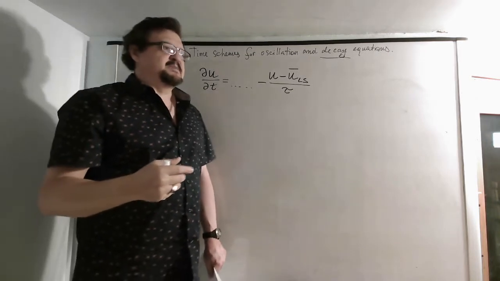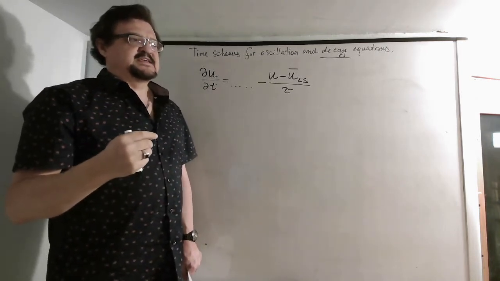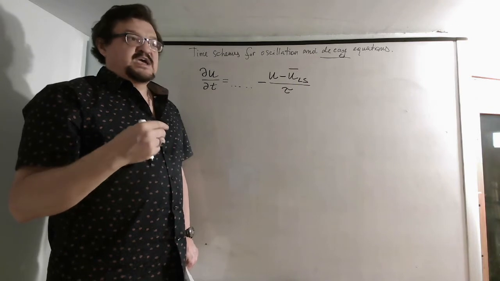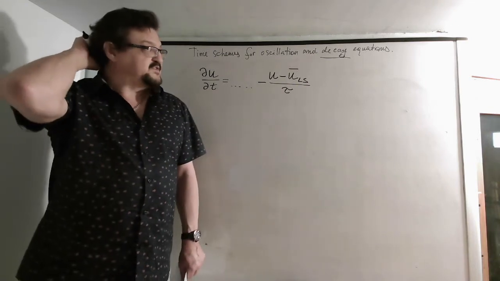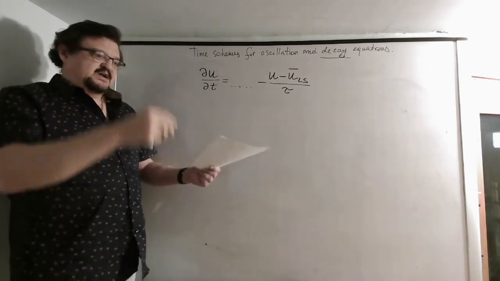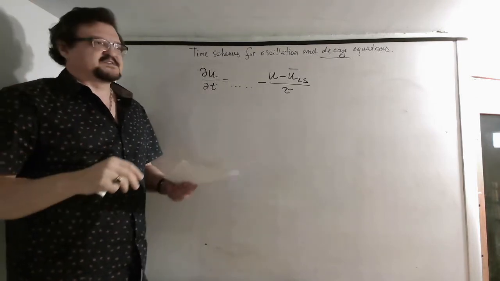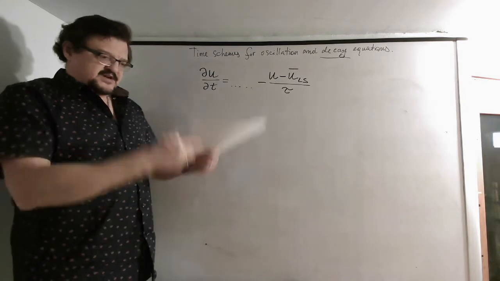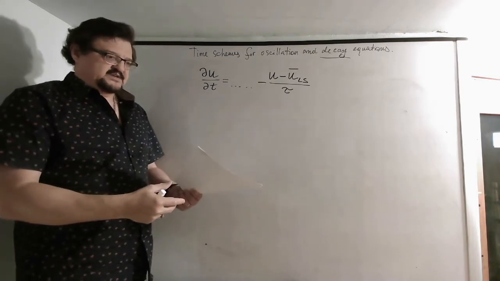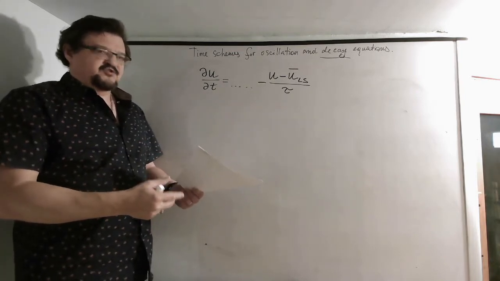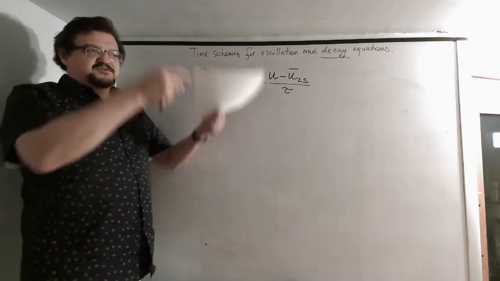Another application is if we want to get rid of some waves high in the stratosphere. Say the domain top is at a height of about 30 kilometers, and convection in the troposphere below generates gravity waves that propagate into the stratosphere.